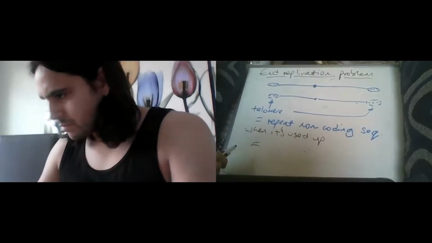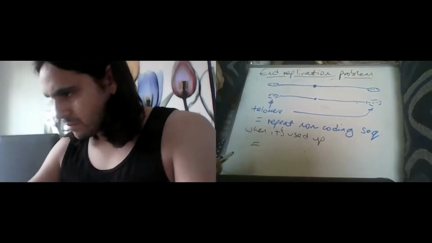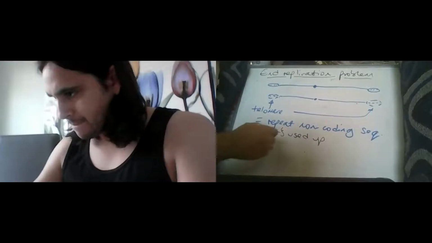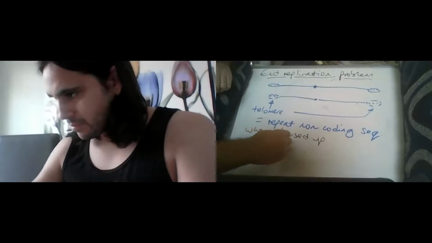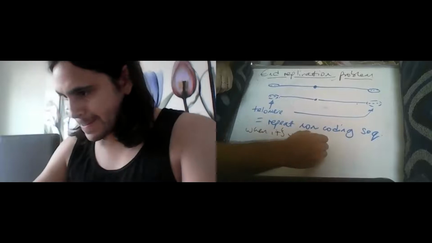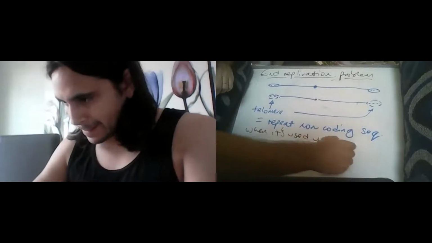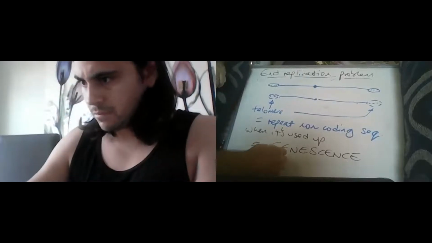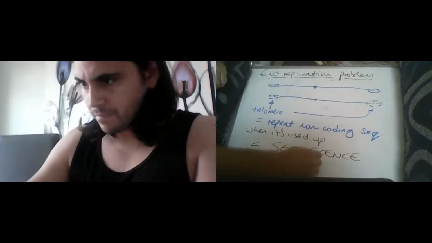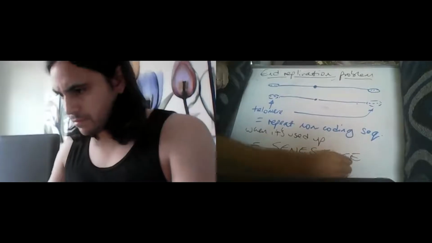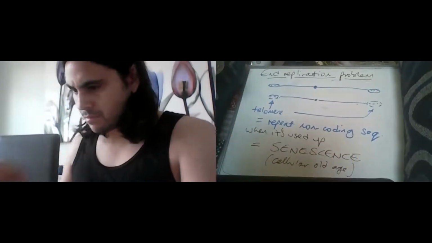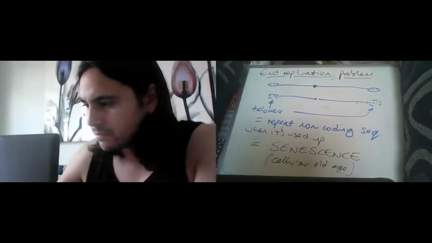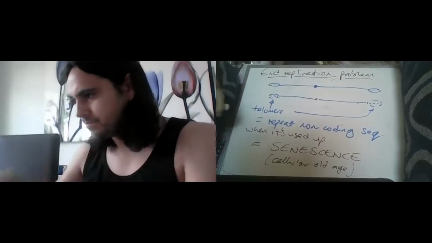If you can't copy your DNA, you can't undergo cell division. If you can't undergo cell division, that cell undergoes what's called senescence. Basically, that's cellular old age. So that cell can no longer divide again.